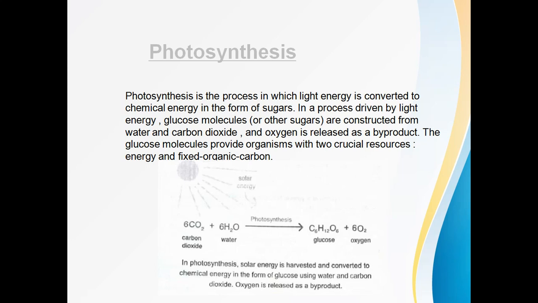In this process, light energy helps to synthesize glucose molecules by using water and carbon dioxide, and oxygen will be released. This oxygen will be used by all living organisms for breathing, nothing but respiration.